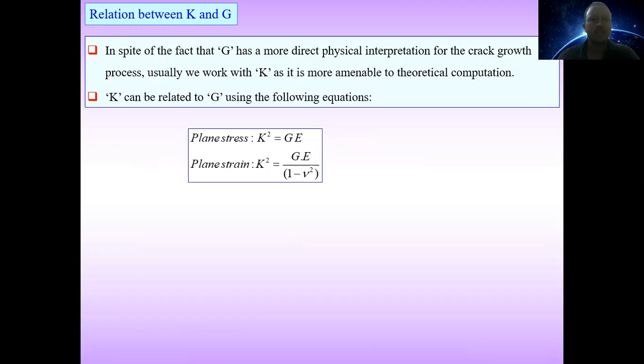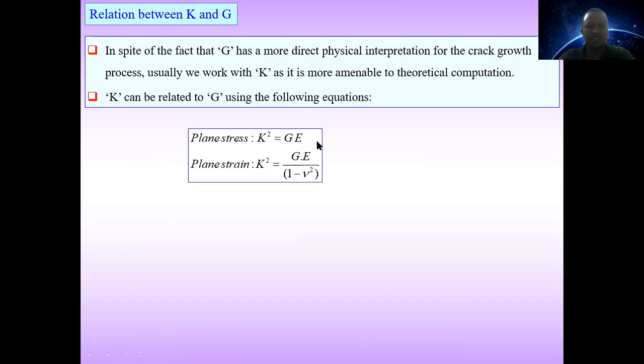So, a relation between K and G. In spite of the fact that G has a more direct physical interpretation for the crack growth process, usually we work with K as it is more amenable to theoretical computation. K can be related with G by the following formula.